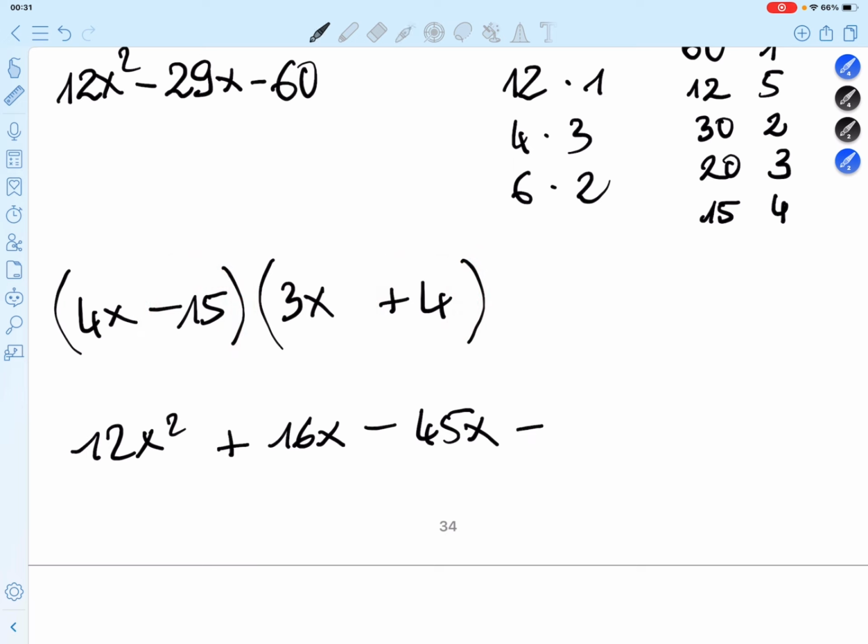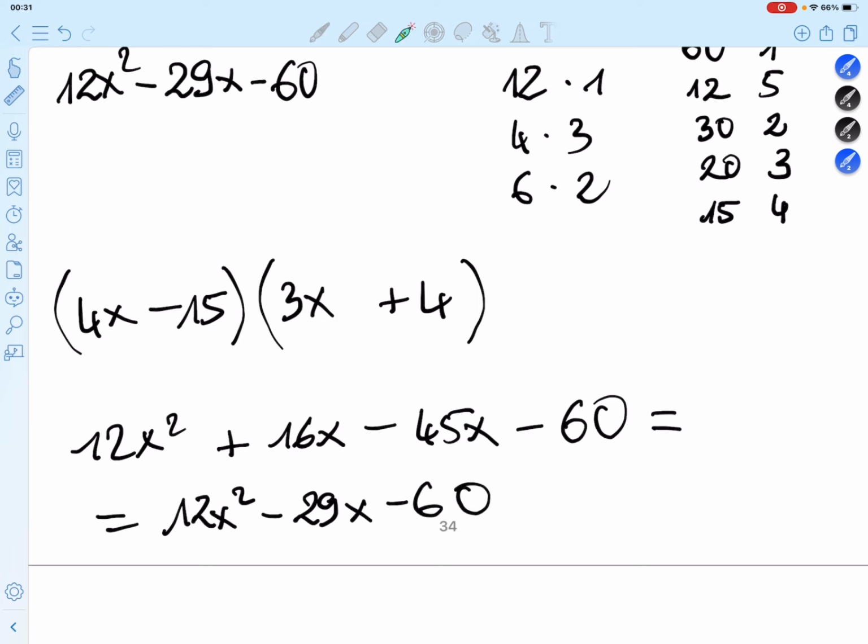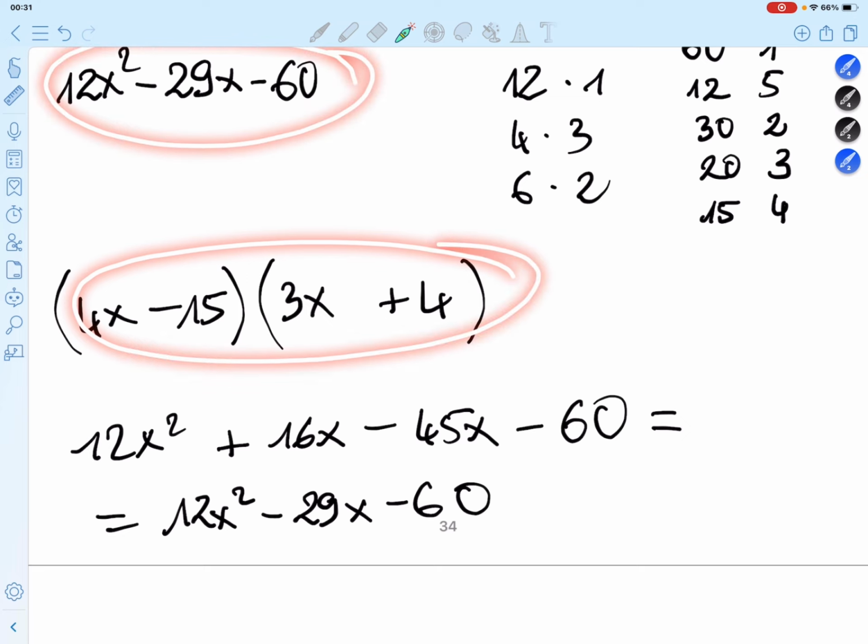Minus 60, as we expected. And so this is equal to what? 12x squared minus 29x, then minus 60. As you can see, this is the factorization of this.